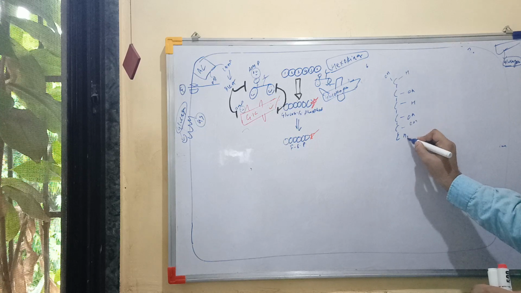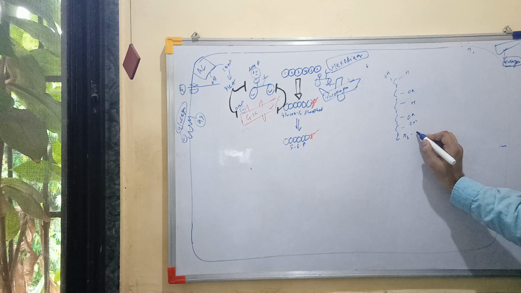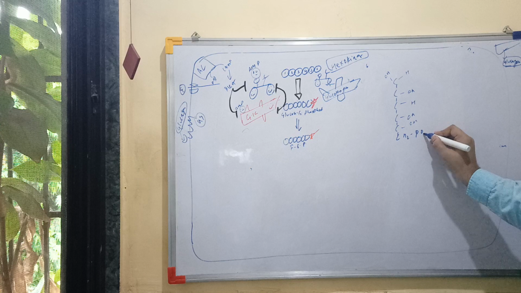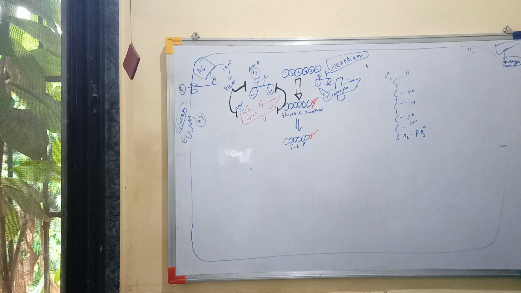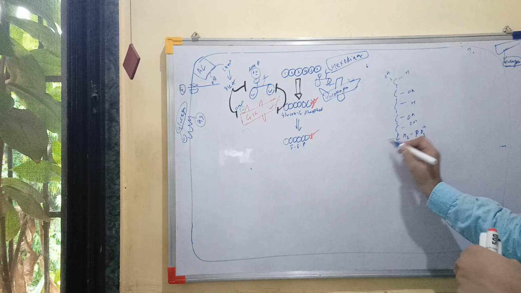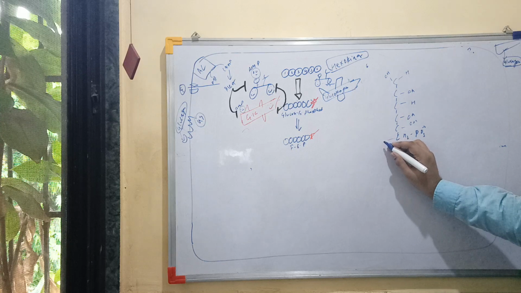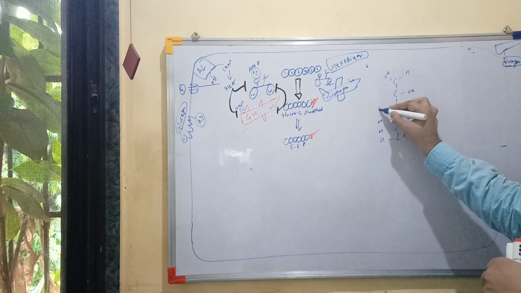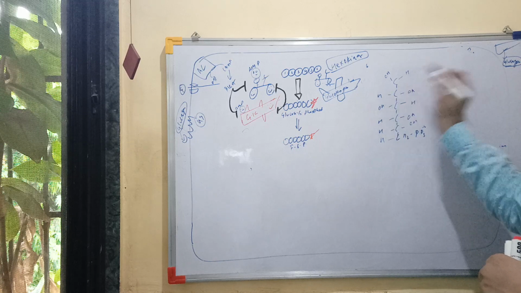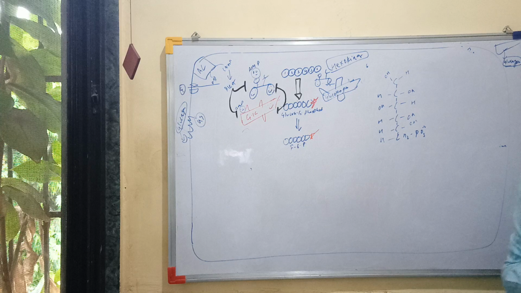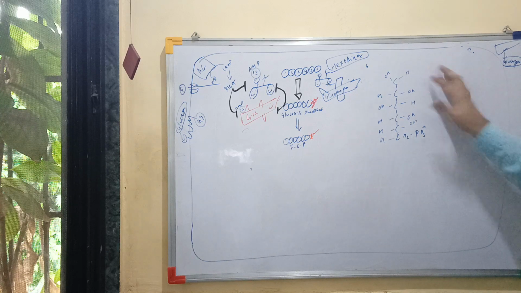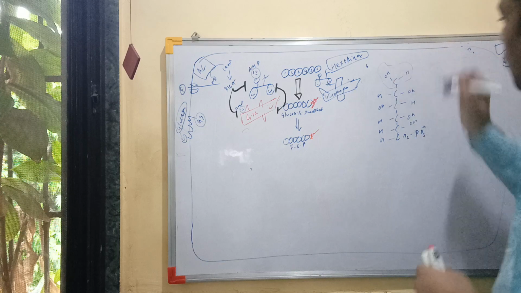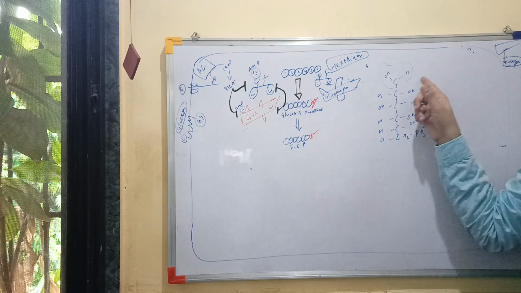Then you have H2, and we have attached a phosphate group here. And of course, we should not forget this side also, which is H, H, H, OH, H. So this is our glucose molecule, a 6 carbon sugar, and if you pay a little attention over here, you have an aldehyde group.